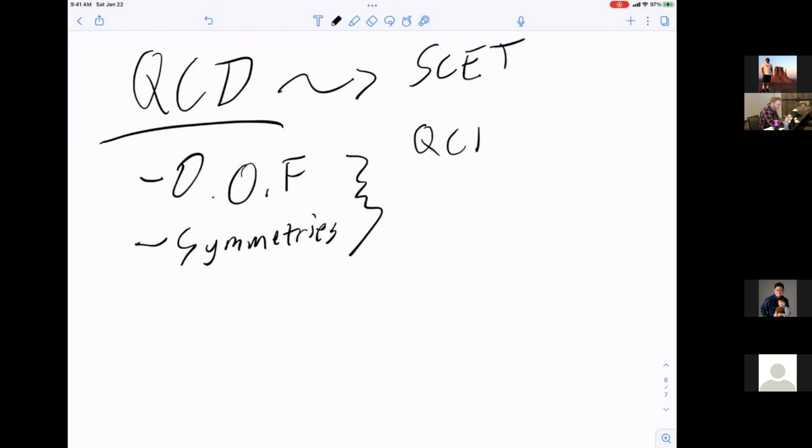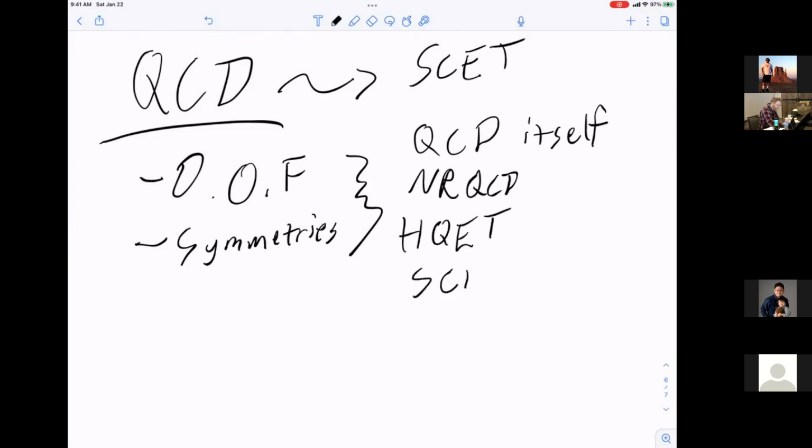There's QCD itself. There's NRQCD, which comes in all sorts of flavors. There is HQET. There's SCET. And there's chiral perturbation theory, right? Those are all effective field theories of QCD, all of which enjoy the same degrees of freedom and the exact same symmetries.